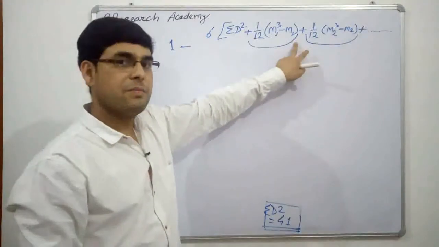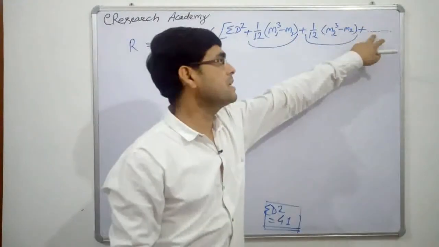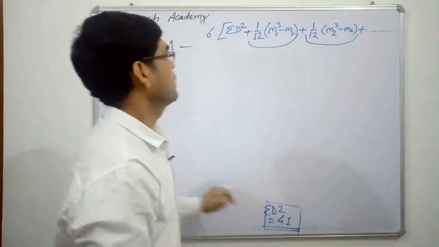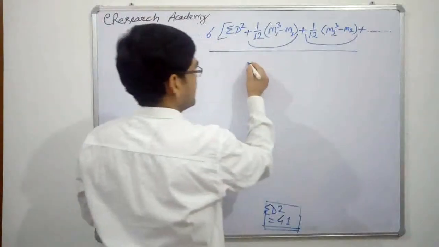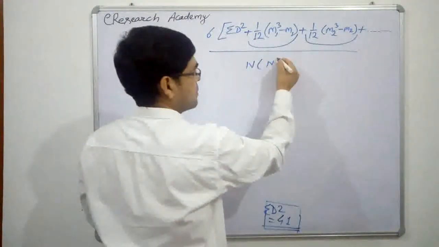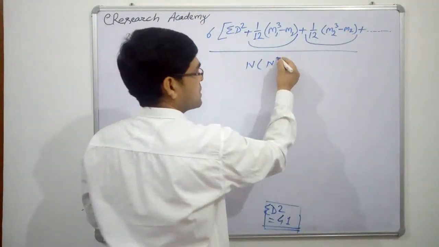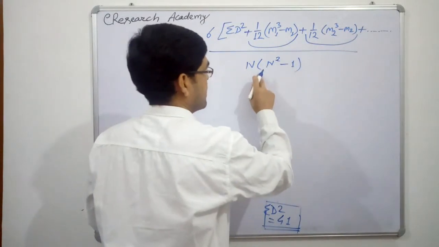If 2 values are repeated, then 2 times; 3 are repeated, 3 times; 4 are repeated, 4 times. And below this, the term is the same as in the previous questions: n bracket start n square minus 1.